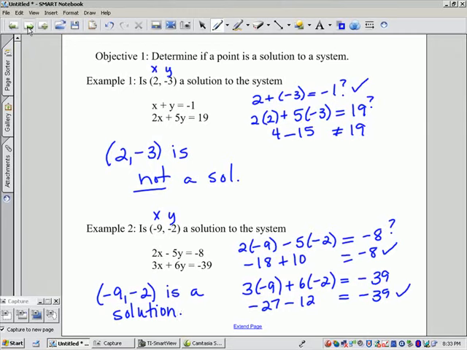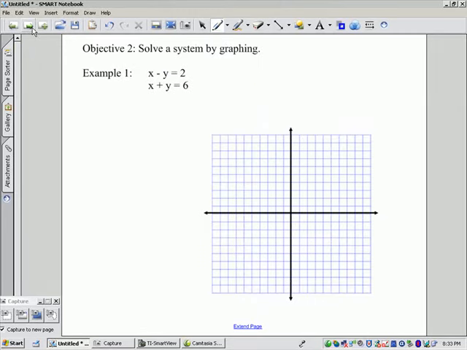Okay? Now, let's look at actually the method of solving by graphing. That is, given a system, how do we find that point of intersection? So if we want to solve the system x minus y equals 2 and x plus y equals 6, we need to graph both equations in our system. And we can do that with one of two methods.